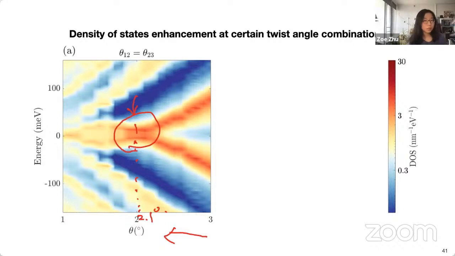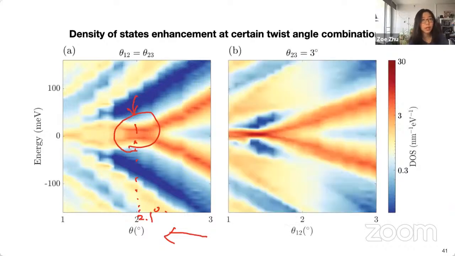Well, does it mean that the system is not as interesting as twisted bilayer graphene? Not so quick. We can look at a more general case where we keep one twist angle fixed at 3 degrees and change only the other twist angle from large to small. In this case, we see that the two Van Hove singularities, again, approach each other as the one twist angle decreases.